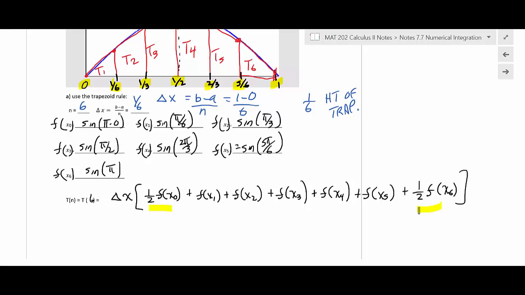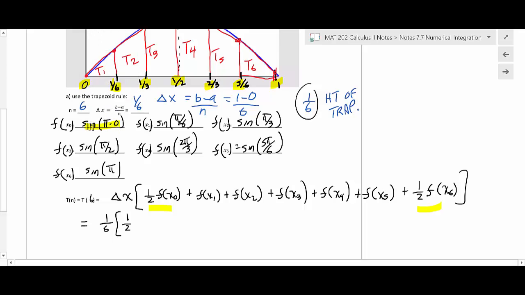So let's go ahead and crunch this out now. Some of this stuff I did outside of class with the unit circle, so I don't want to spend a lot of time on that. So delta x was 1/6, so we're going to have a 1/6 there. Then we're going to have 1/2 of sine of 0 pi, or just sine of 0. The next one is going to be sine of pi over 6. That does fall on a unit circle.